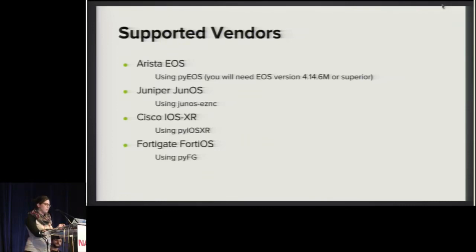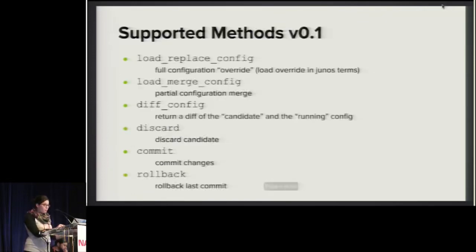For some of them, there were already existing libraries that we just reused and abstracted, so they all do the same thing for each of the vendors. For others, there was no library available, so we wrote them ourselves, and now those four are covered. Now for those four, NAPALM supports this set of methods.